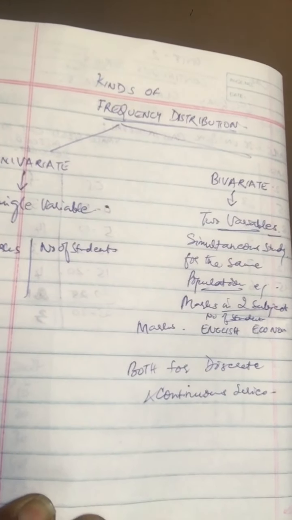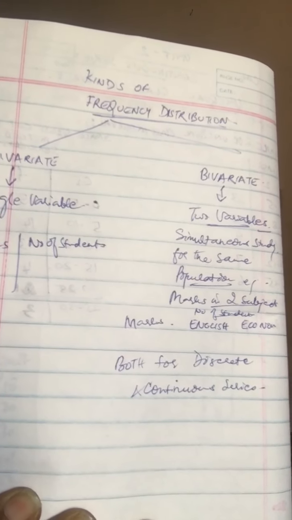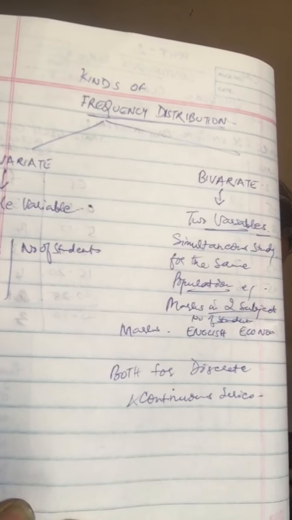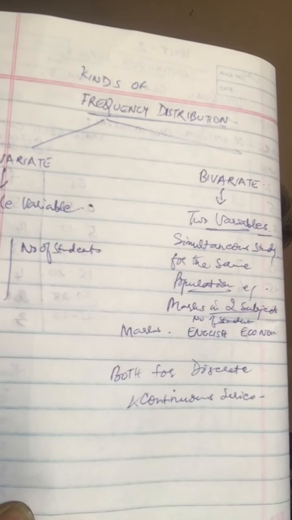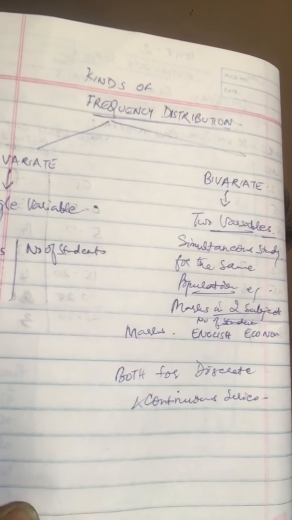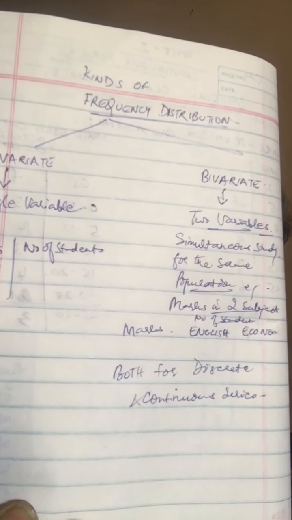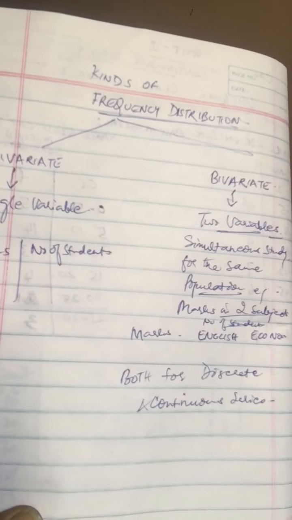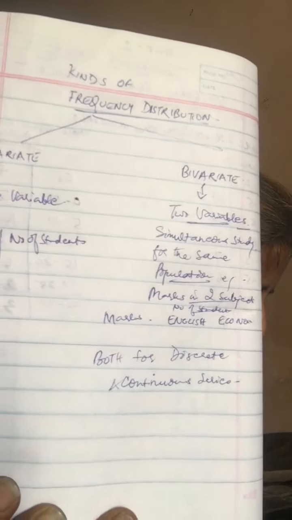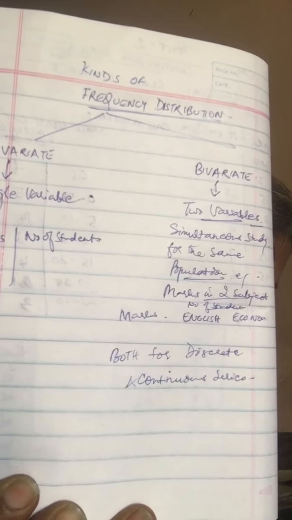It can be a particular variable, x variable means in discrete way or in class interval way.